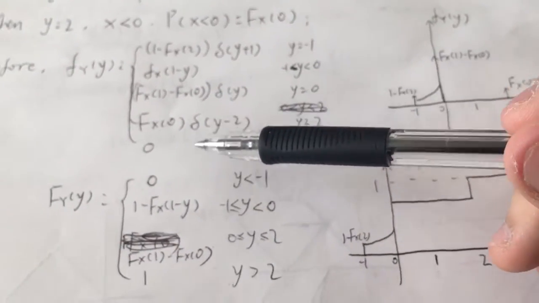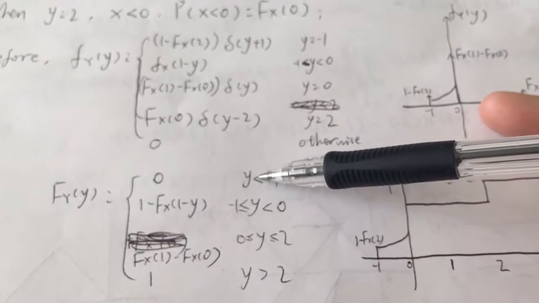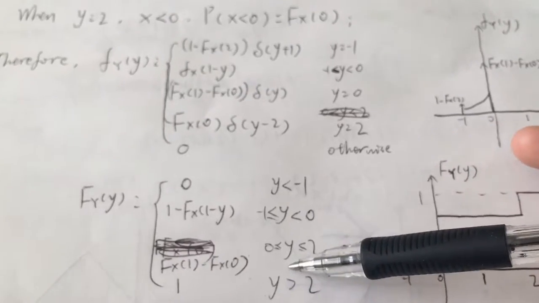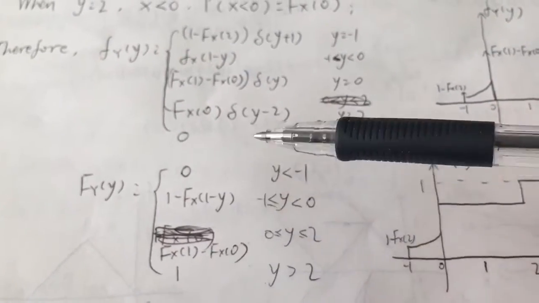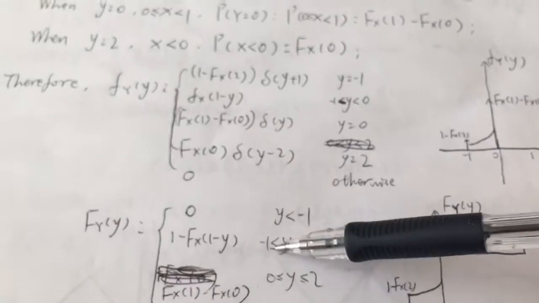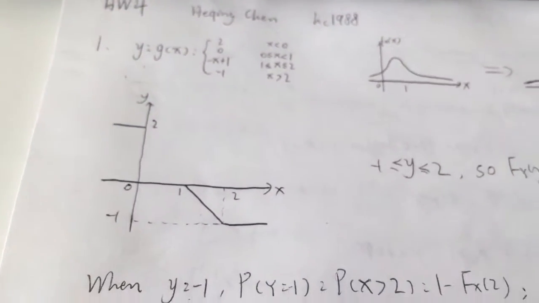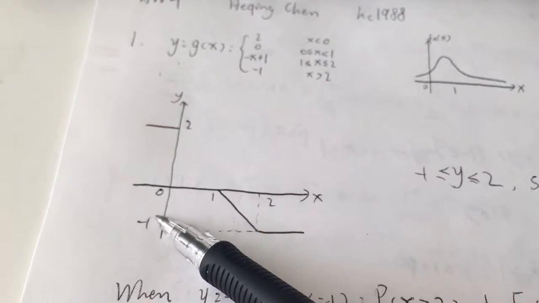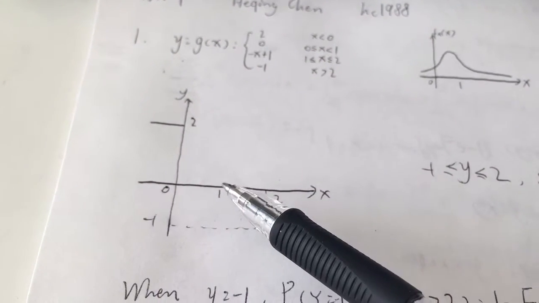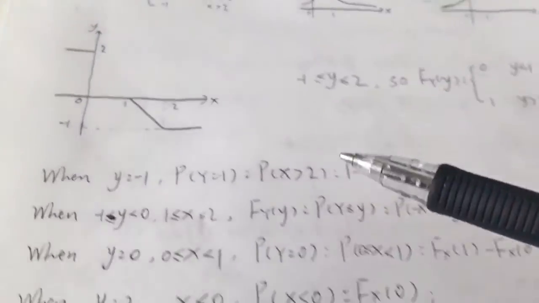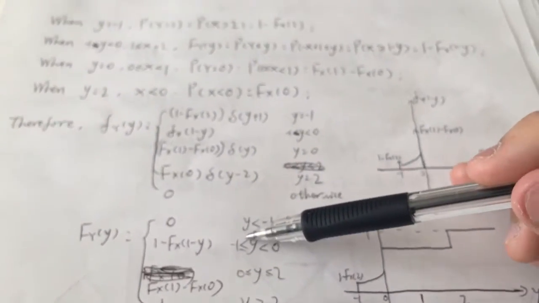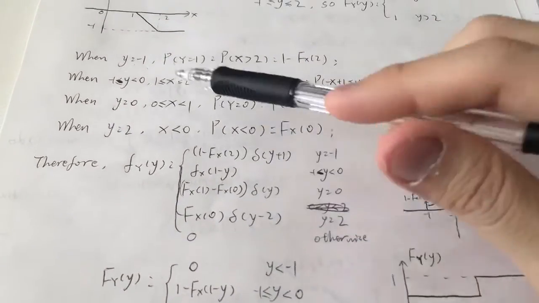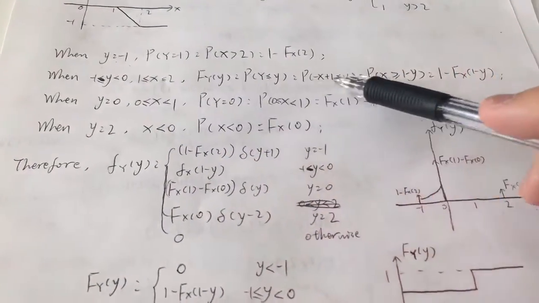Finally we need to get the distribution function of y. So we have known that when y is less than -1 and when y is more than 2 it is 0 and 1. So we need to calculate this. From this, we know that when y is no more than 0 and no less than -1 it is like this. So actually we have got this.